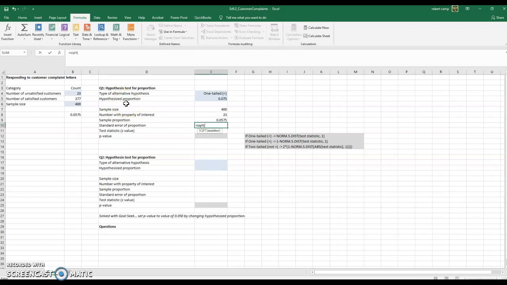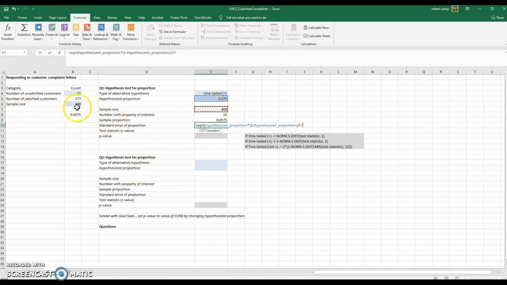So we are saying that it's going to be 7.5 or lower. So here is our hypothesized proportion. We're going to take that and multiply it by what's not our hypothesized proportion. So 1 minus our hypothesized proportion, and then we are going to divide that by the sample size.